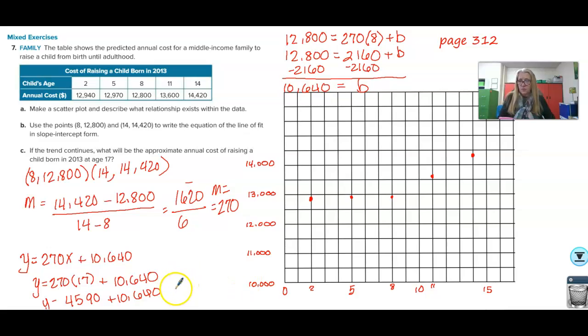So the annual cost of raising a child at age 17, if the trend continues, will be $15,230. That's a lot.